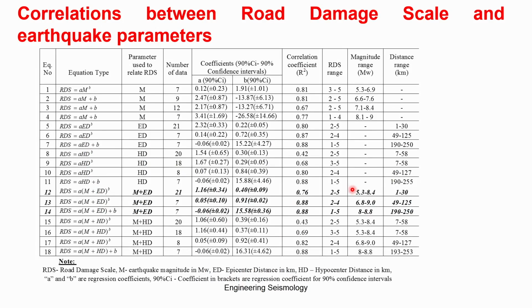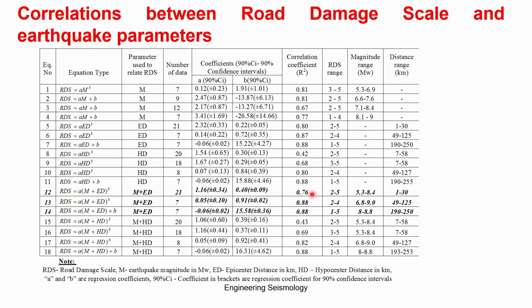We did a lot of combinations of statistical analysis to try to see which form gives less error and more reliable prediction. You can see these are the several equations we developed, and these are equations 12, 13, 14, where the combination of magnitude and epicentral distance gives a very good, reliable prediction of the RDS.